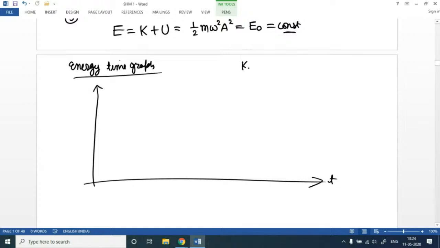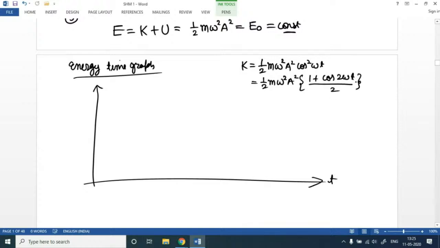So kinetic energy was represented as half m omega square a square cos square omega t. So this is also a sinusoidal function because you can always write cos square omega t as 1 plus cos 2 omega t upon 2.